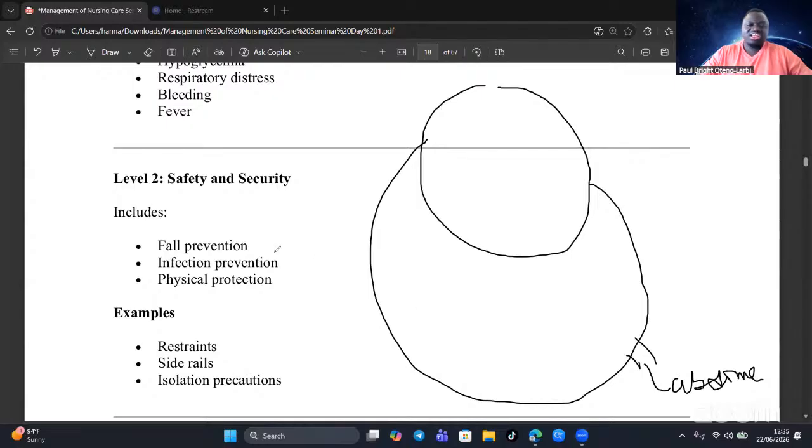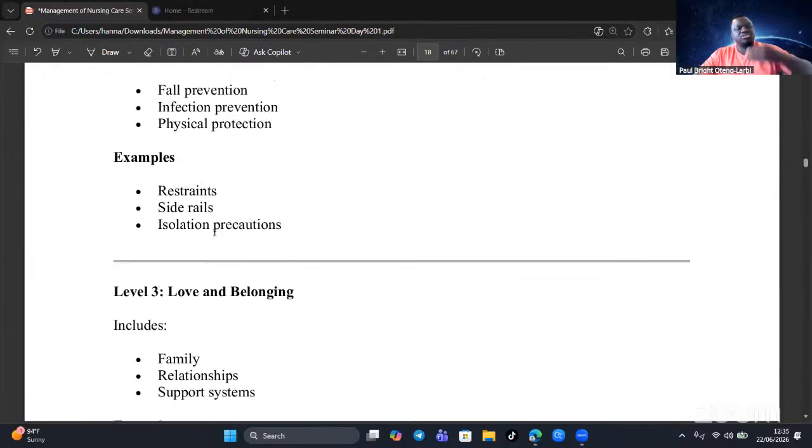Another patient is in bed, having seizures. Seizure precaution, side rails up. Will you prioritize this over this? So fall and infection precautions, physical protection, and all these will come next.